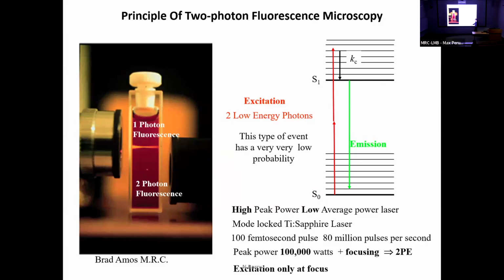What you need are basically very high peak power and low average power lasers. You concentrate all the photons into a little period of time, but the average power is low enough that you don't fry the sample. Then you focus it down to a small spot, and that combination means that fluorescence is only excited at the focal spot itself.